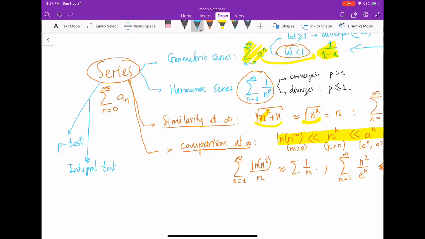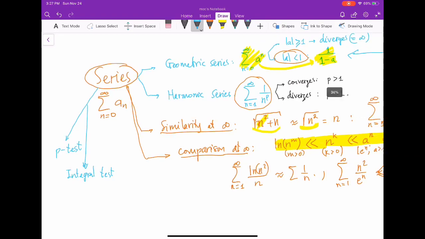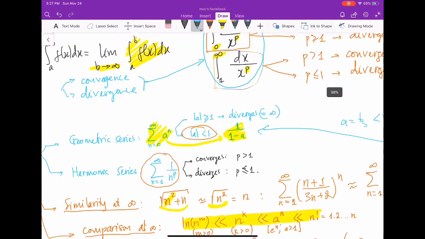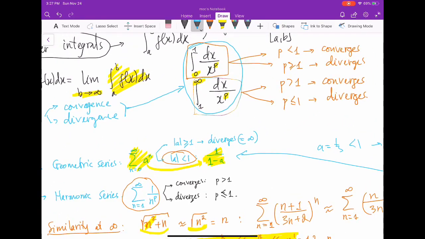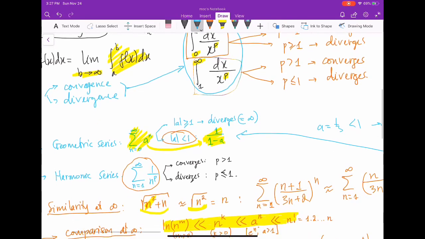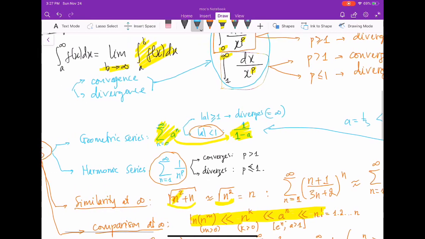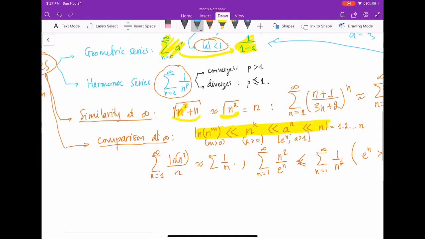But in this course, I try to use similarity and comparison. So sometimes we just try to avoid the integral test. But as I mentioned previously about the integral and the harmonic series, basically we go from a series to integrals to consider that.